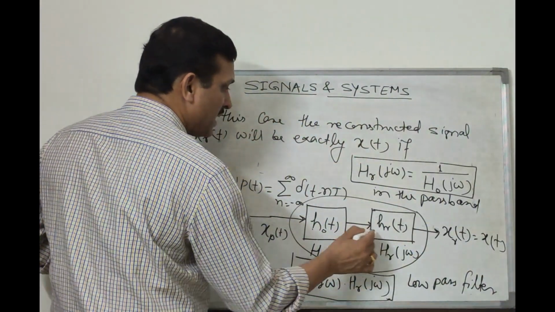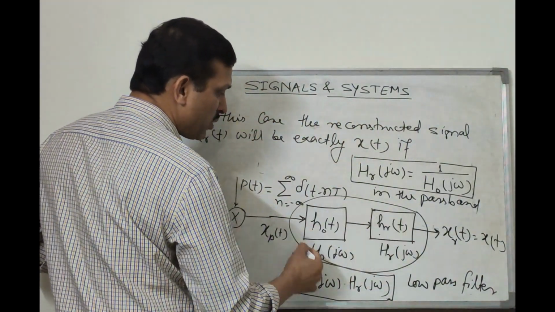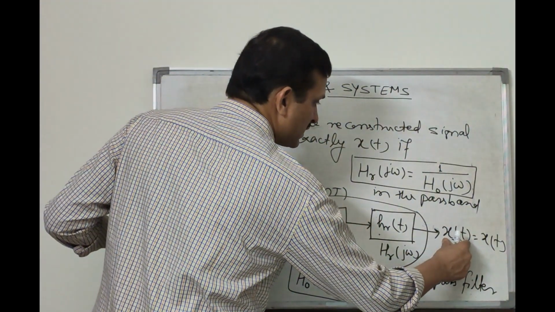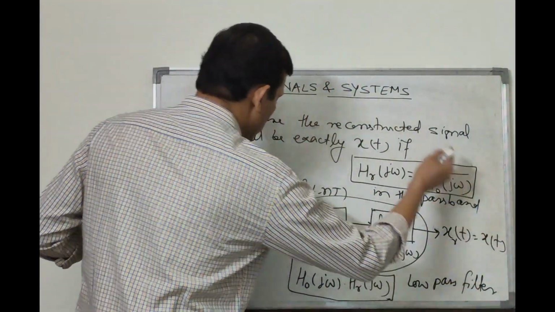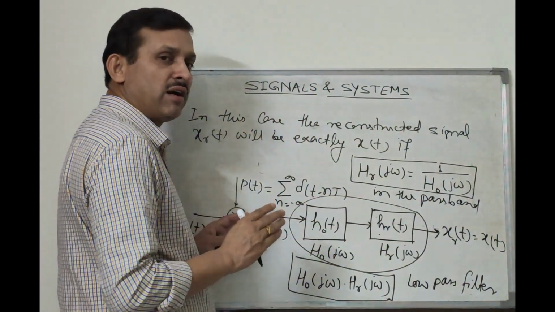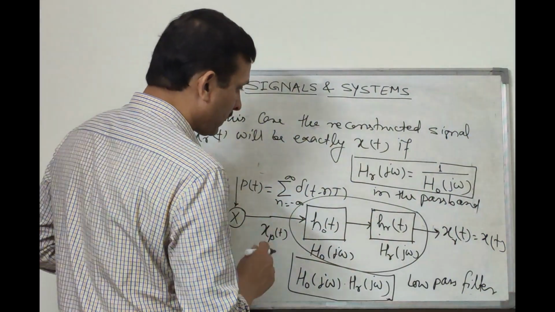If together they give the response of an ideal low pass filter, then the reconstructed signal will be exactly equal to the original signal x(t). That's what we have seen already in our previous classes.